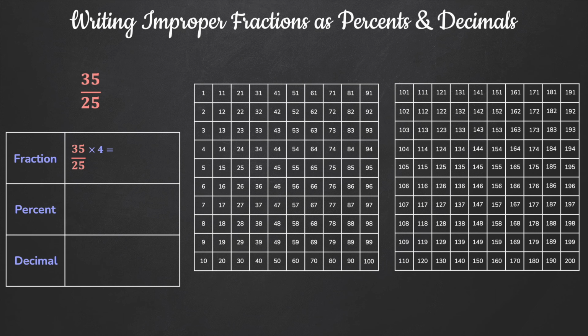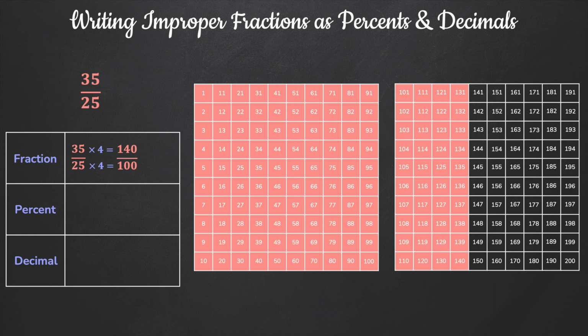So we have to multiply our numerator and our denominator by 4. 35 times 4 is equal to 140, and 25 times 4 is equal to 100. So now we have 140 over 100, which is perfect because percents are out of 100. So this means we're going to shade in 140 little squares out of our grids.